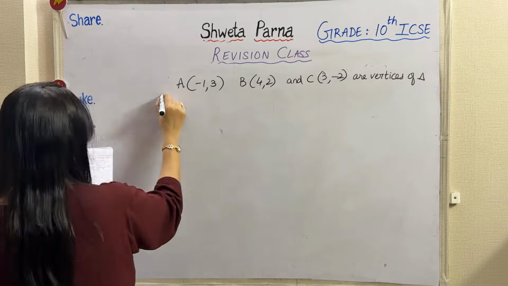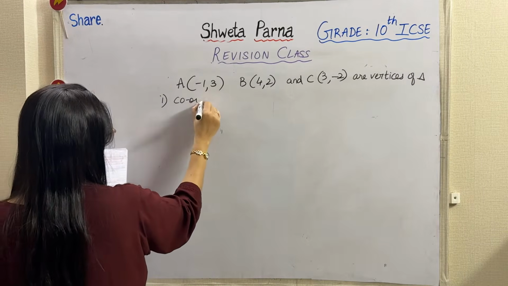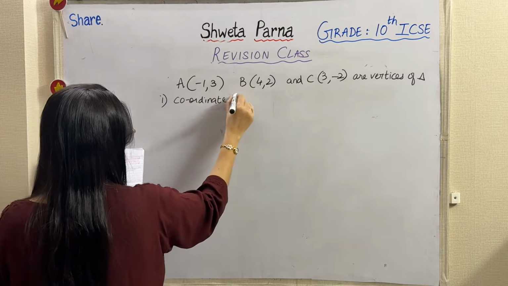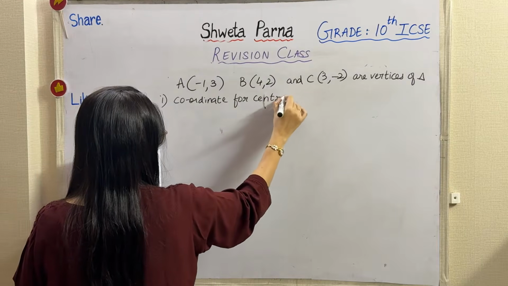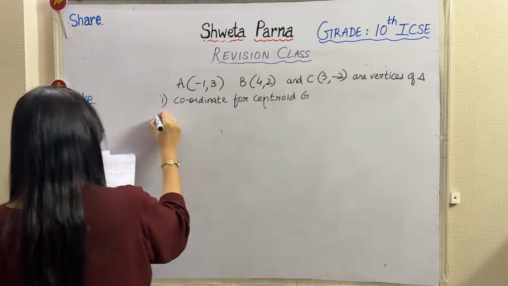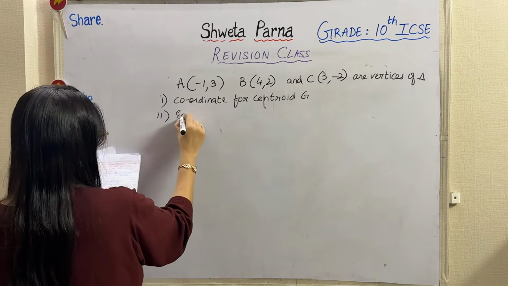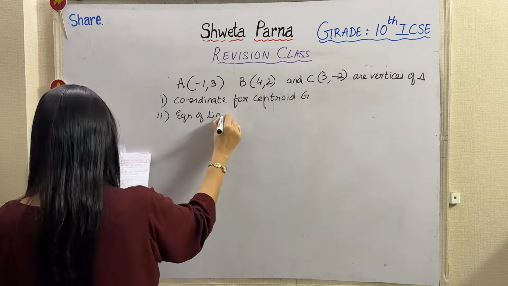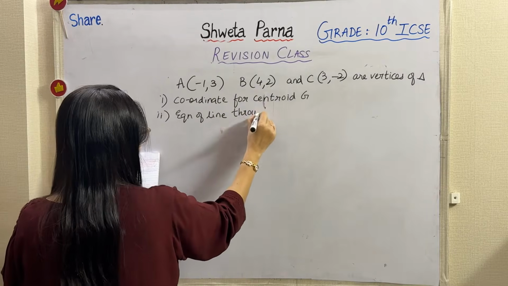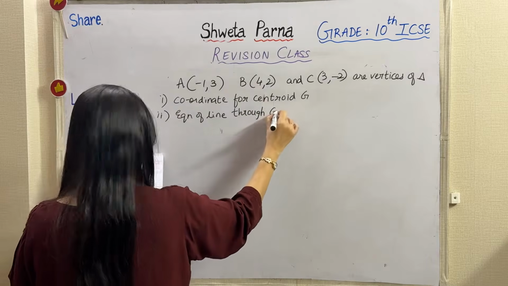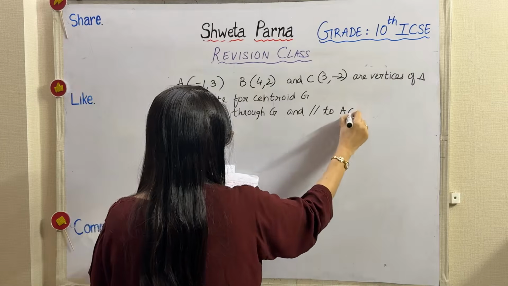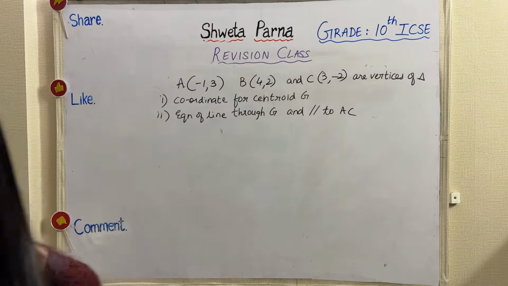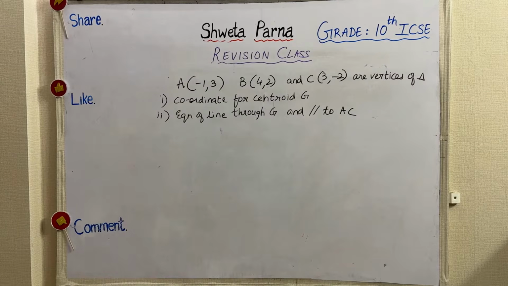You have to find the coordinates of the centroid, which is G, and secondly you have to find the equation of the line through G and parallel to AC. Come on, the last question from this chapter. We'll end this session once this question is done.